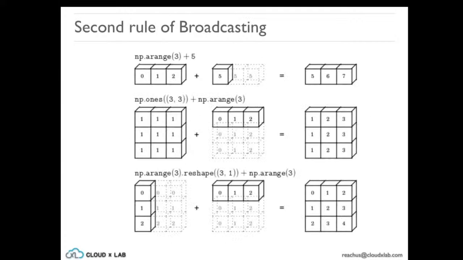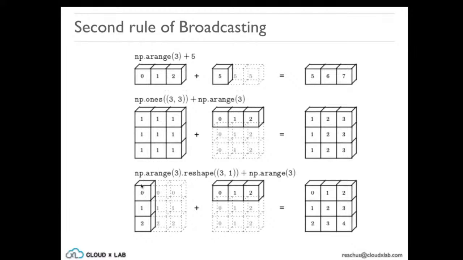Okay, and we can do that. This is the second rule, which says that if you have something like this and something like this, the whole thing gets added to each other. Similarly, if you have np.ones, an n-dimensional array of say 3 comma 3, and something that's just a rank 3 over here, this will get extended 3 times and added to this.